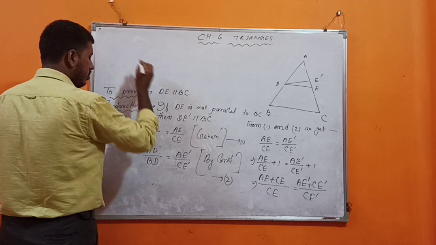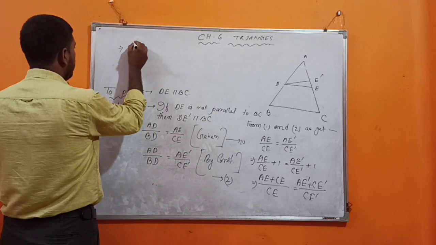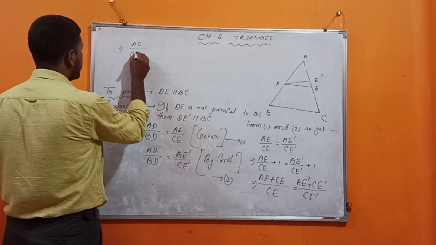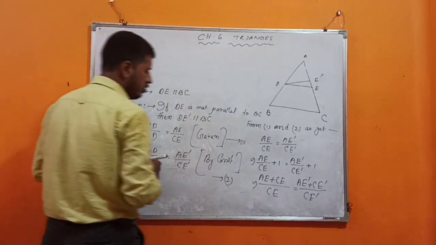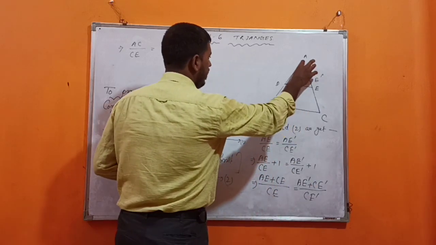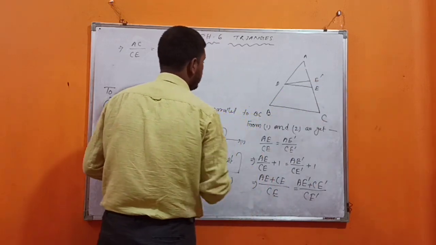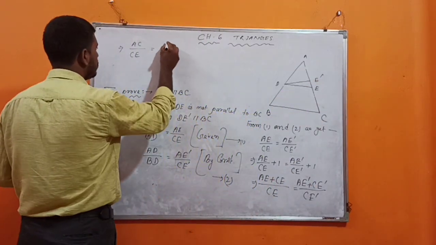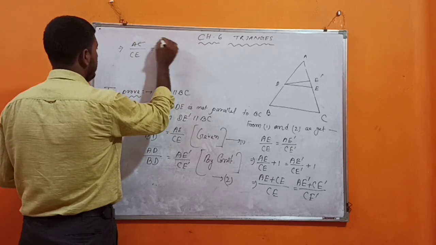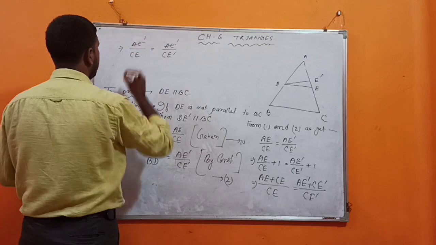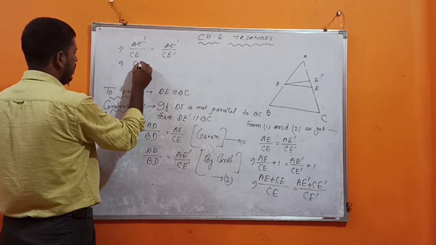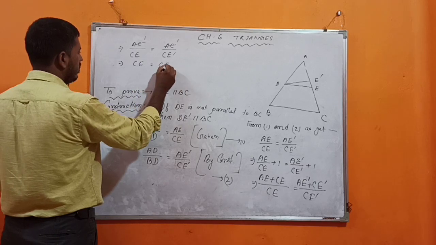AC. So in the denominator it will be AC by CE equal to, here also AE dash plus CE dash is equal to AC also by CE dash. Okay, so AC and AC will be cancelled. Then by cross multiplication we will get CE equal to CE dash.